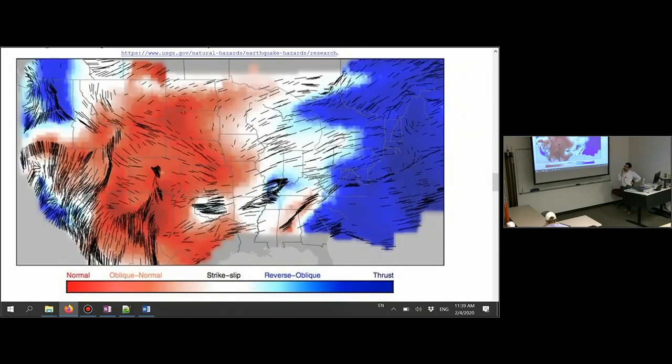So you can see, for example, that in red we have normal, in white we have strike slip, and in blue we have reverse or thrust faulting regime.